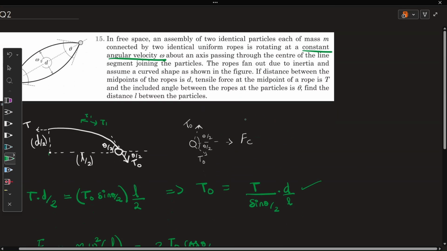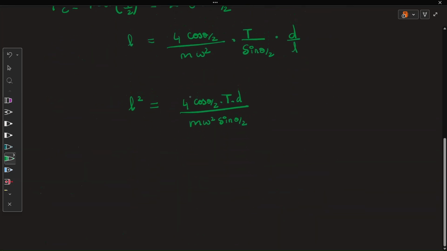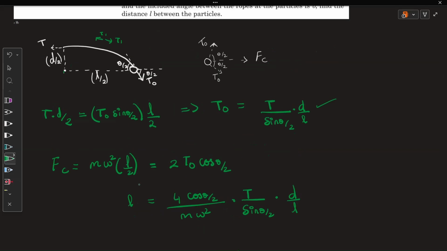So at last, in these kinds of questions, you must verify this thing. All the things in the answer should be given. Your assumed terms should not be included over here. Otherwise I could directly put this equation as my answer, but I don't have T naught because I assumed this T naught.